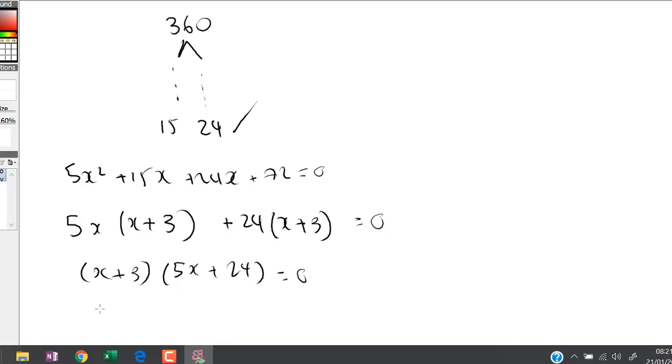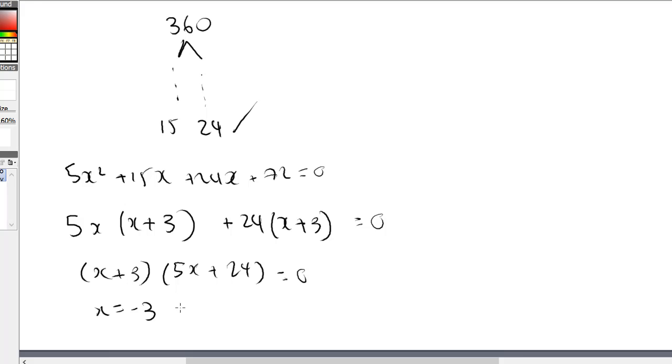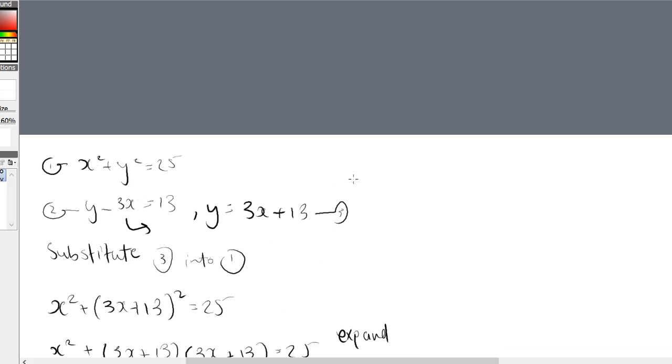So x is going to be minus 3, or x will be minus 24. I'll write that out more neatly. Minus 24 over 5.